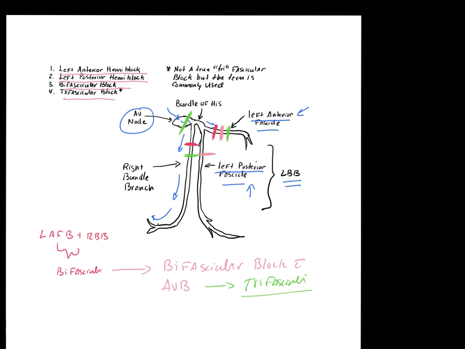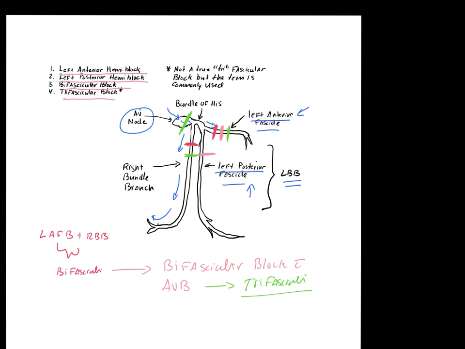A bifascicular block is a right bundle branch block plus a left anterior fascicular hemiblock. And then a trifascicular block is a bifascicular block plus an AV block of any kind. It could be a first degree, could be a secondary type 1 or type 2, or it could be a complete heart block. You guys okay with that? Does that make sense?